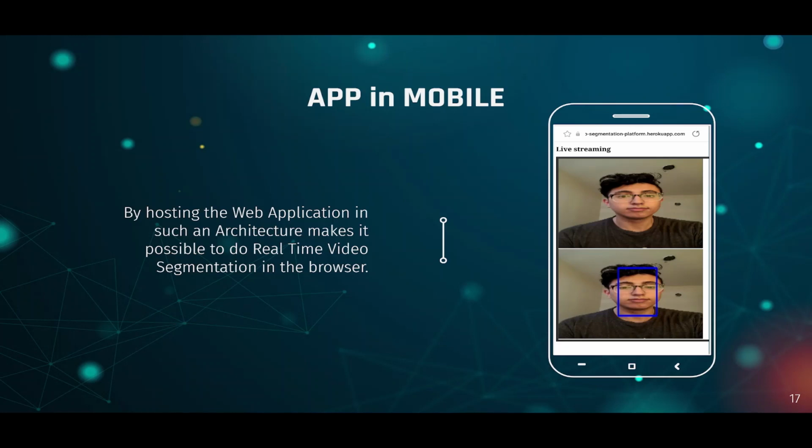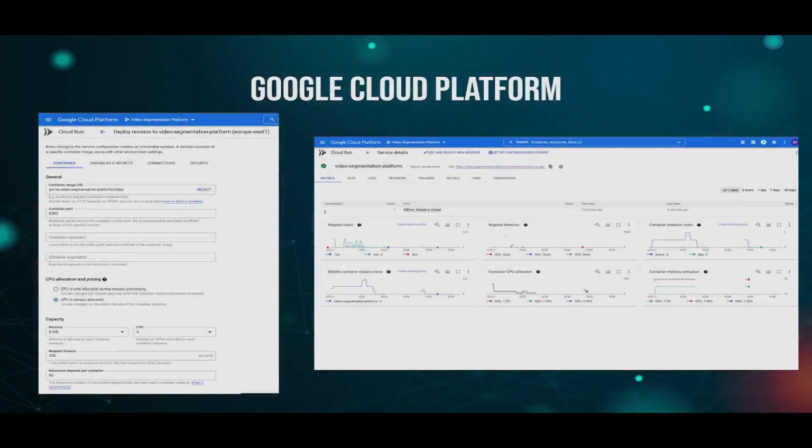But in contrast, in Google Cloud, as we can see here, you have a lot of options to choose from. You can change the memory, you can change the number of CPUs that you have, you can change the maximum requests, and most importantly, you can allocate your CPU to be always on, so you won't have to deal with a very long loading time for the first time.